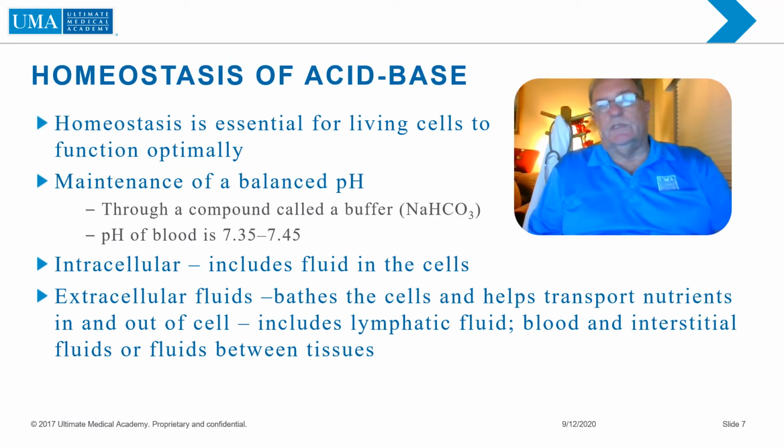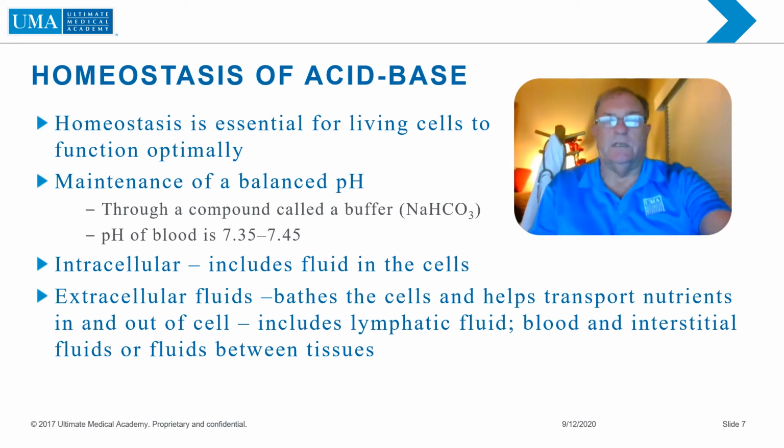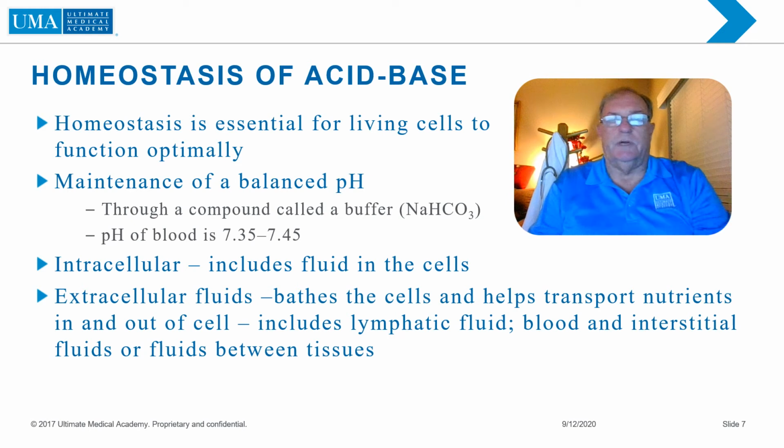Homeostasis is essential for living cells to function optimally, which we've discussed in the past, several slides prior to this. Maintenance of a balanced pH, once again, there are the values. Anything below 7.35 or above 7.45, you're in trouble.